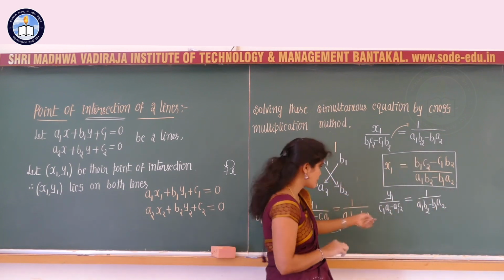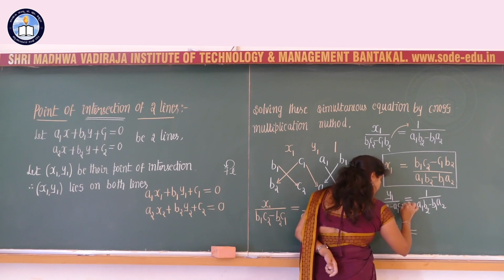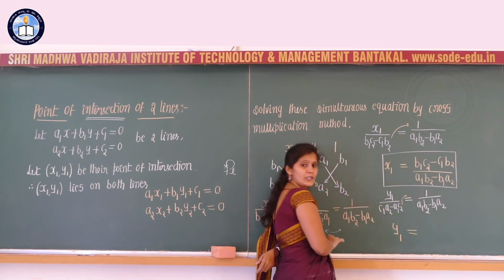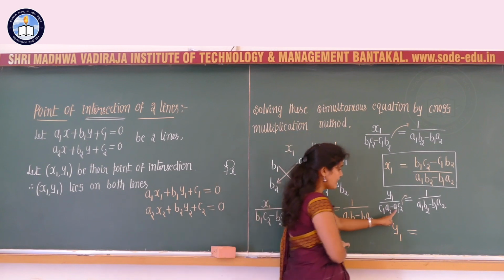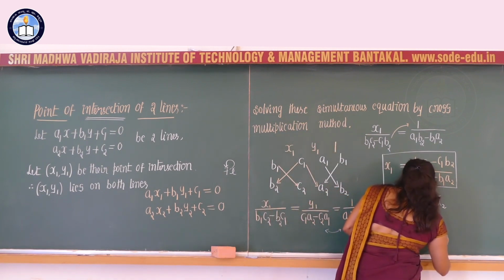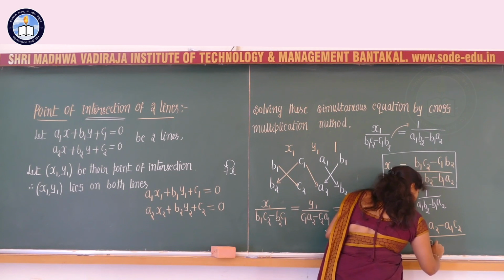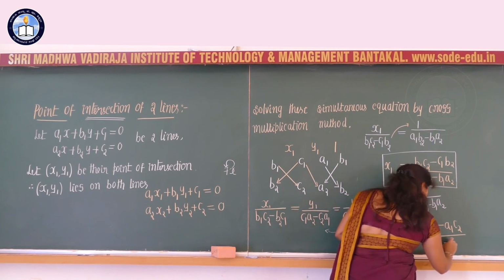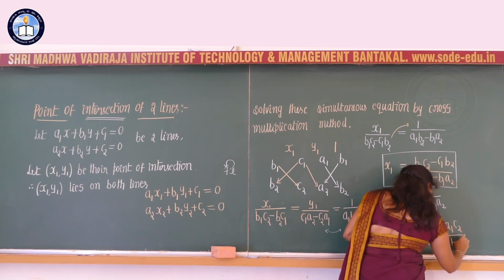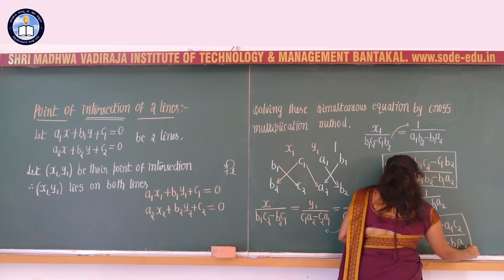That gives the expression for y1. y1 is equal to, so this denominator goes to the RHS, that becomes c1 a2 minus a1 c2 into 1, which is nothing but c1 a2 minus a1 c2 whole divided by a1 b2 minus b1 a2.